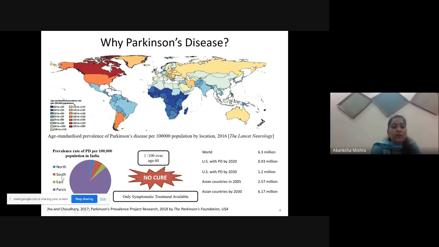If we talk about different regions of our country, we can see that in Parsis, the disease is highest. Why? The prevalence is highest because the Parsis are basically a migrated community, and there is a genetic disorder in them. Due to this gene mutation, the disease is highest in Parsis.